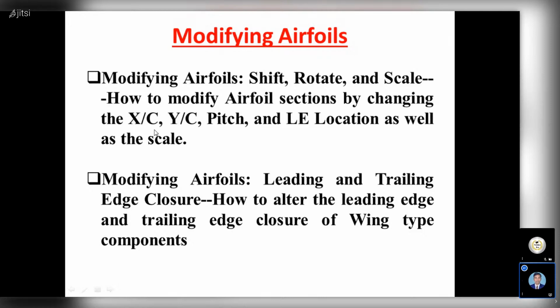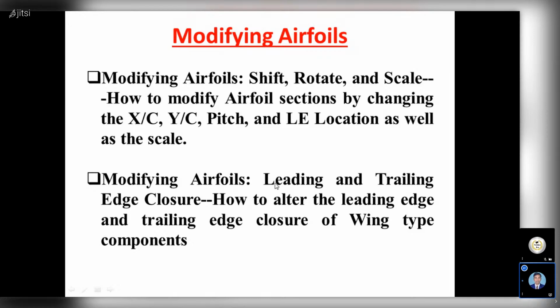Leading edge, trailing edge shape and size, like a sharp, wedged or blended type leading edge if you want, or a blended or sharp type trailing edge, that also can be done.